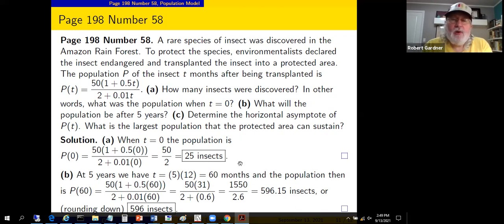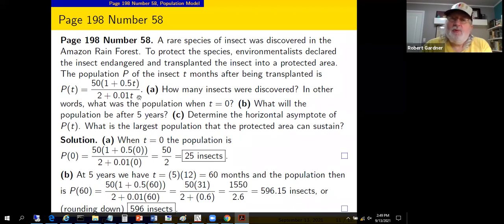And in part C, determine the horizontal asymptote of P of T. I tell you it has a horizontal asymptote. Is the degree of the numerator and the denominator the same? They are. First degree polynomial, t to the first power, in both.